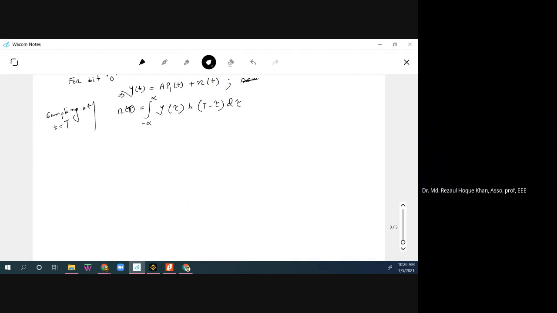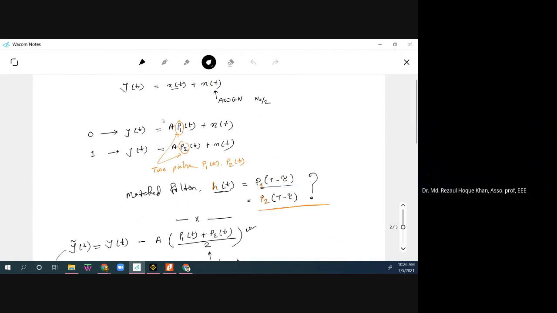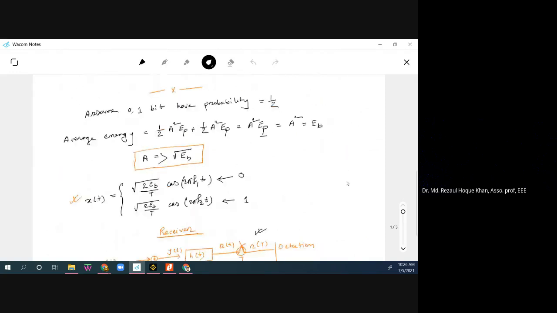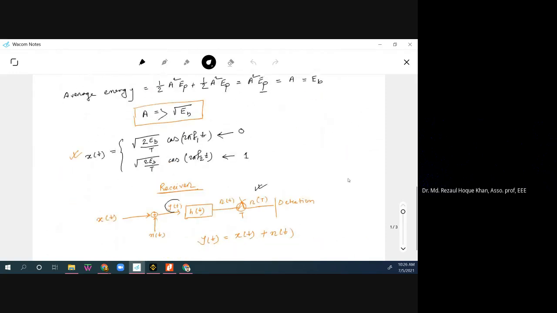Okay, we can have the received signal where the y(t) signal passes through the filter response in the receiver, and then we receive it.